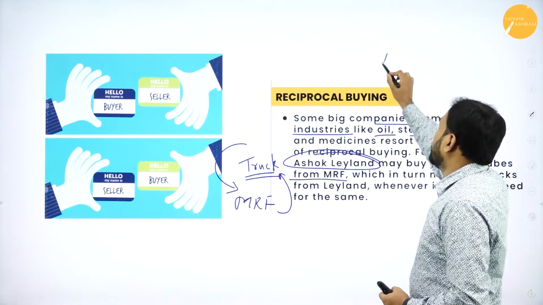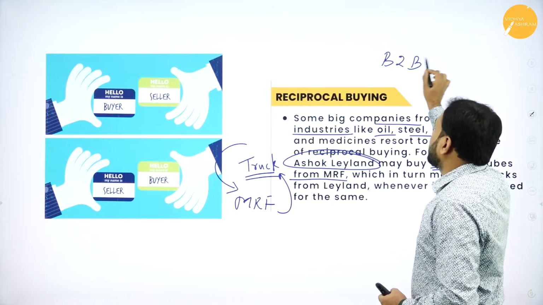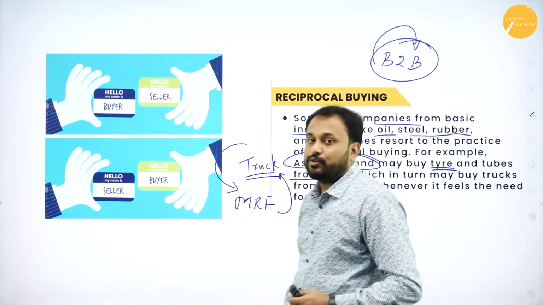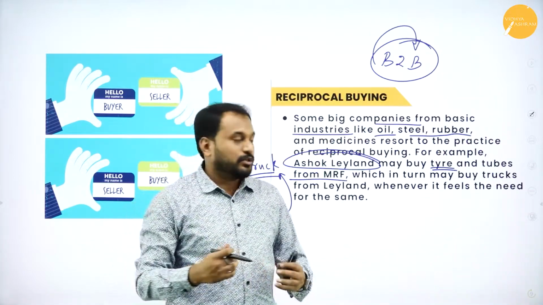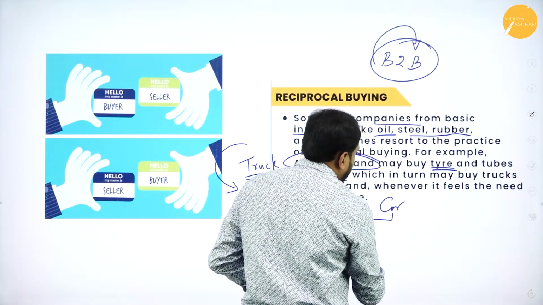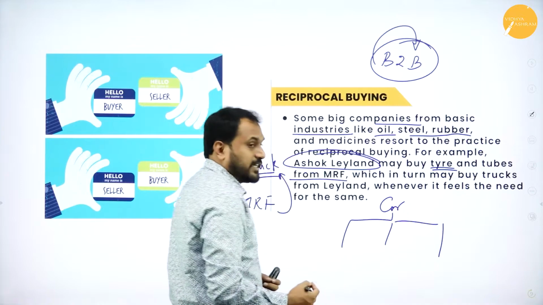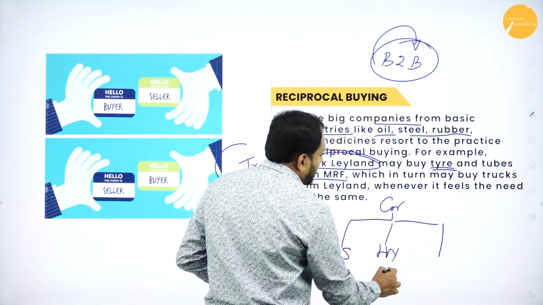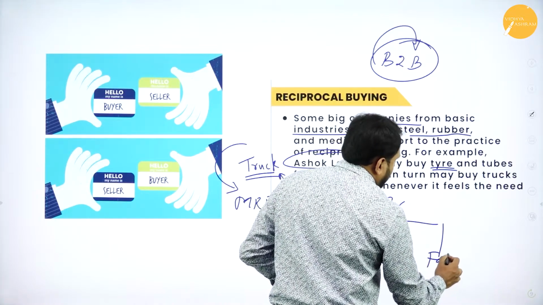It is actually like the B2B concept, that is business to business. I'll give you one more example. Understand, you have car manufacturing companies, right? Say there are 3 car manufacturing companies. Let's take Maruti Suzuki, then Hyundai, and we will take Fiat.